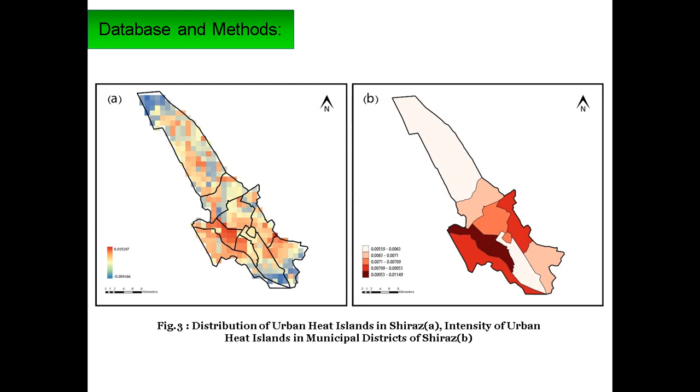Here, we have in map A the distribution of urban heat islands in Shiraz, and in map B, we have the intensity of urban heat islands in municipal districts of Shiraz. LST products of night from Sentinel-3 have been used in this study to map UHI distribution, and the date of acquisition of the image was July 25, 2021.